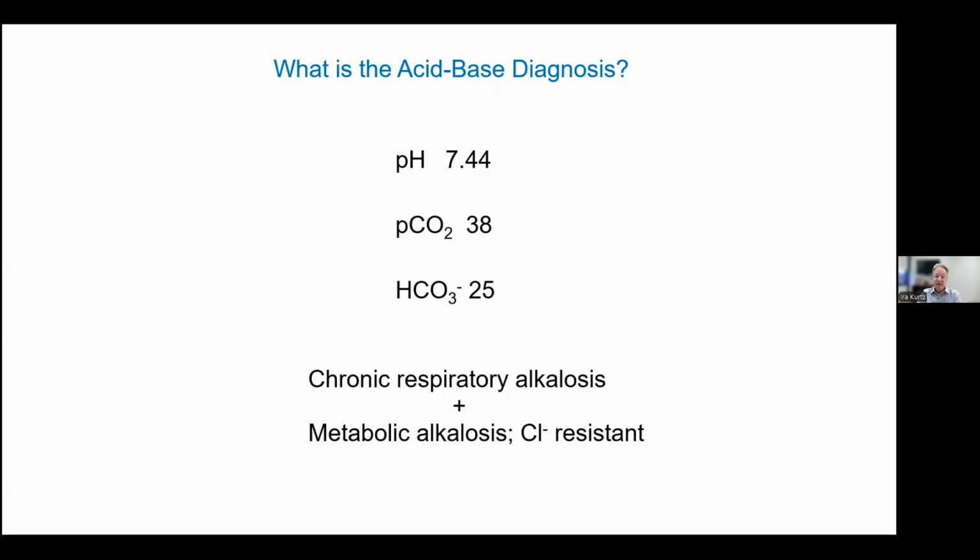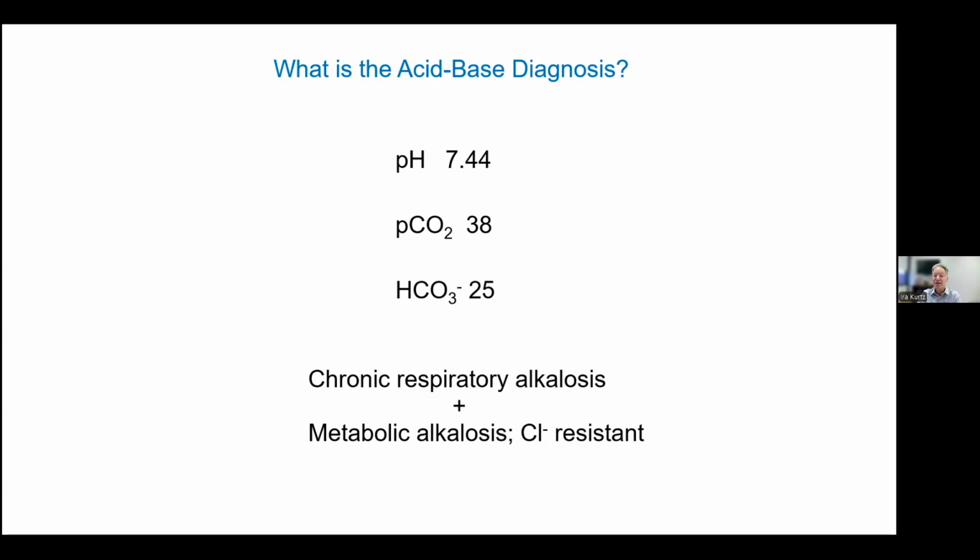So given the findings in the patient with the hypokalemia, and the chloride in the urine and potassium not responding to the KCl, it's a pretty good bet that the patient had not only chronic respiratory alkalosis, which we would expect, but a metabolic alkalosis in addition to that. And so we end up paradoxically with normal numbers. And remember, there's a compensation with the metabolic alkalosis.